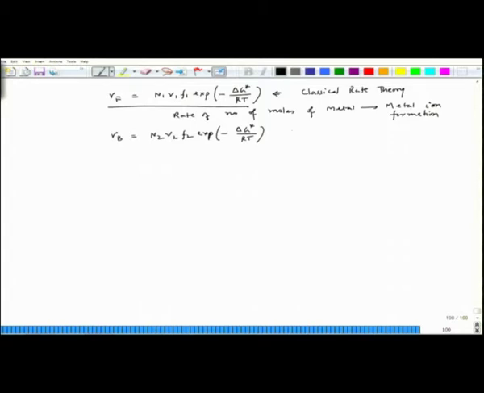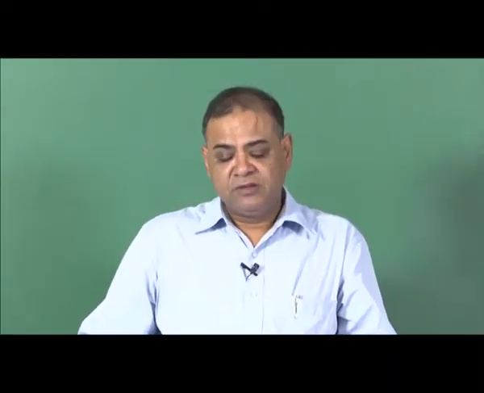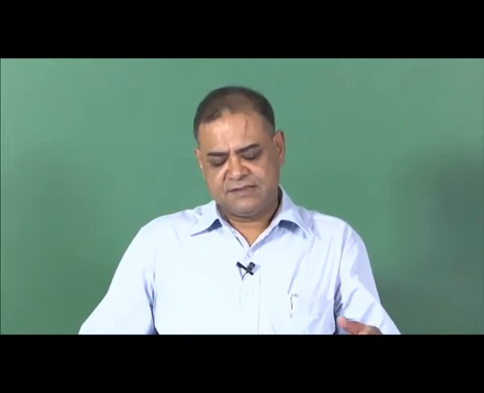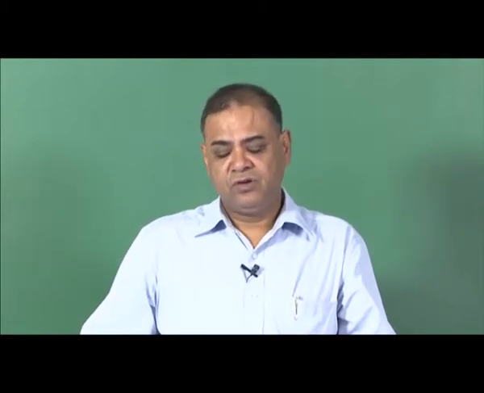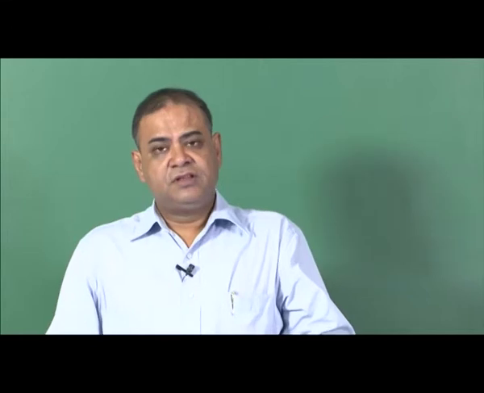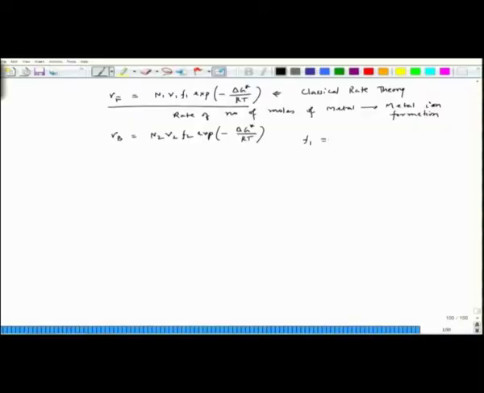Now, if I consider that whatever metal atom goes to the metal ion surface, everything gets absorbed there, or the metal ions which are getting reduced, they all will deposit on the metal surface. Then F1 equals F2 equals 1. Since this is a fraction, this becomes 1, because whatever metal ions are forming, they are going to the OHP, or whatever metal ions are reducing, they are going on to the IHP.